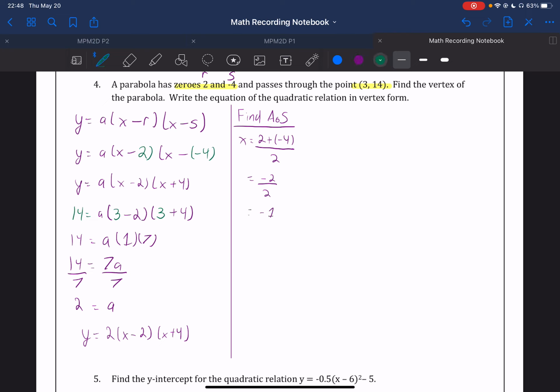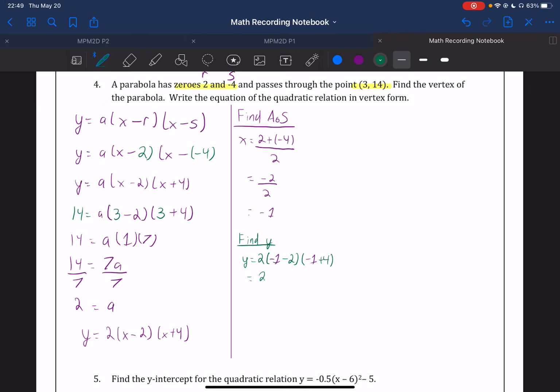Now that we have our AOS, what we need to do is find our y. So y equals 2 bracket. We're going to sub in our AOS, which is -1. We're going to subtract 2. Again, we replace this x with our -1 plus 4 end bracket.